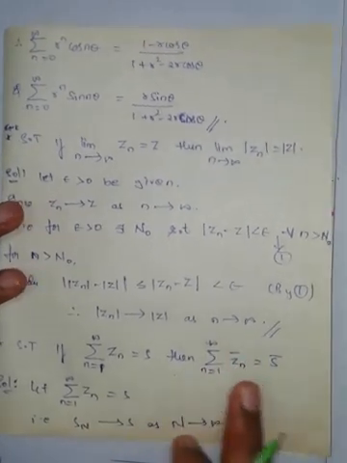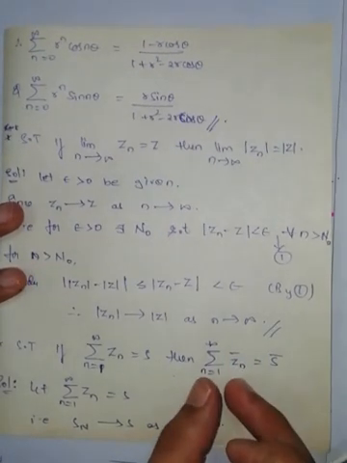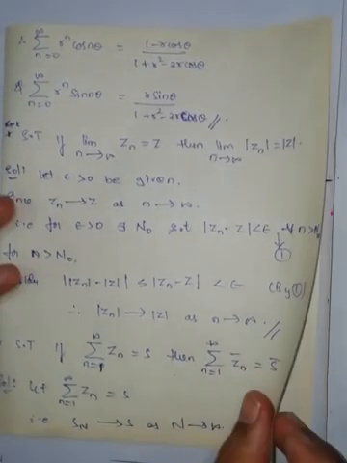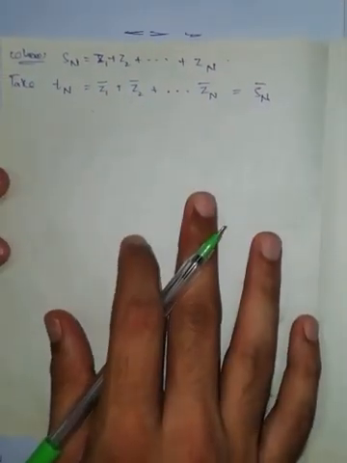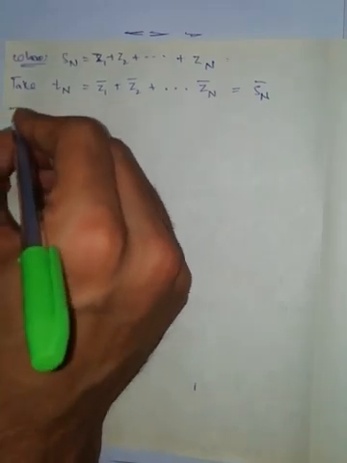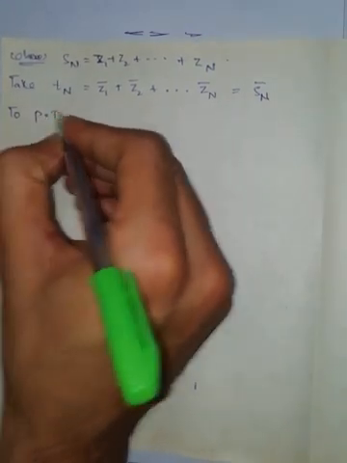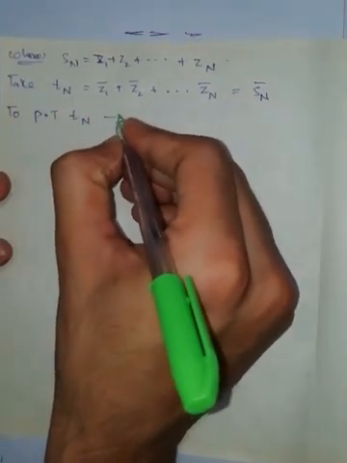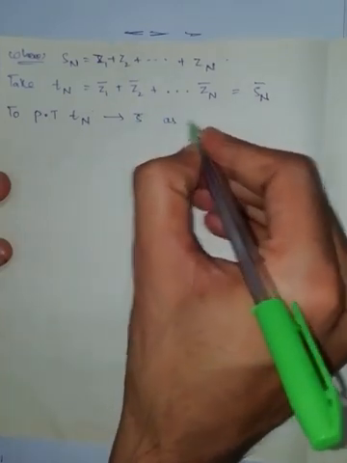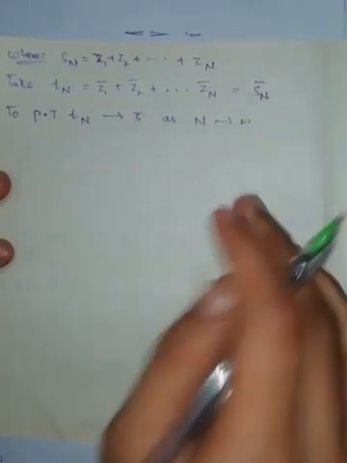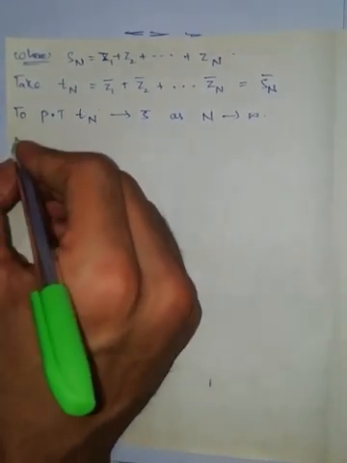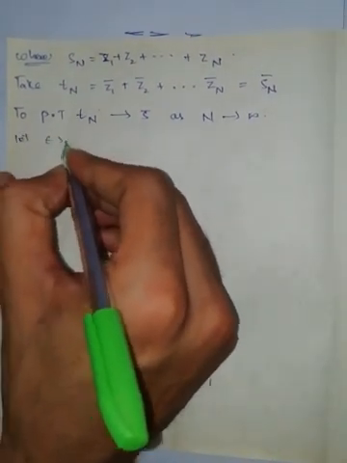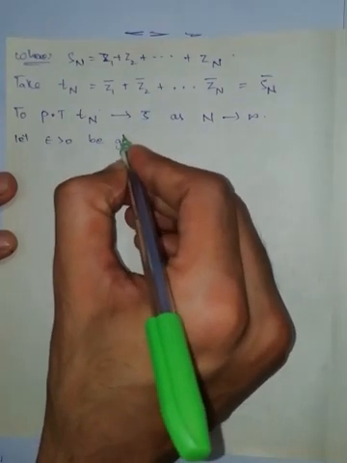Now what I have to prove? I have to prove that this series converges, means I have to prove that its partial sum converges to S bar. What is its partial sum? That is this one. To prove that Tn converges to conjugate of S as n tends to infinity. Let epsilon greater than 0 be given.